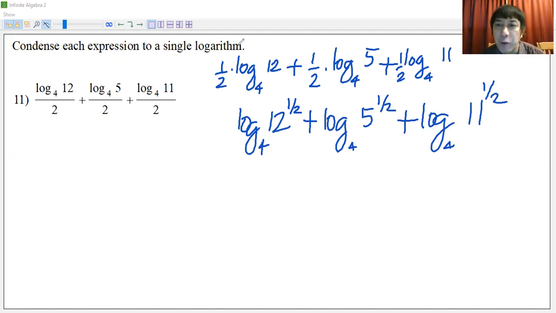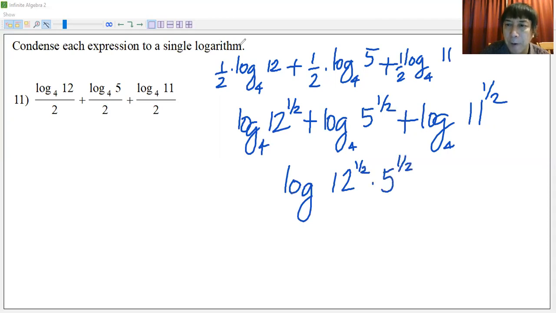All right. So these are all in base 4, so we can condense this to a single logarithm. Those 1/2 means all of them are raised to the power 1/2. So we can now multiply all this. Remember we're doing the reverse process. This means logarithm of 12 to the 1/2 times 5 to the 1/2 times 11 to the 1/2, and this is just base 4.